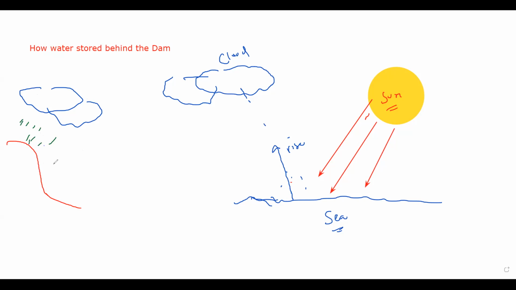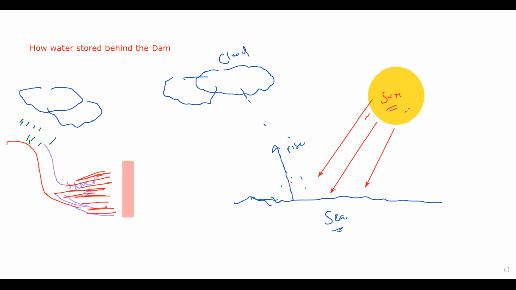And as this water starts to flow, it will form rivers and lakes. And then this water which is flowing, what do we do? We build a wall, which we also call a dam. So we build a wall to store this water behind the dam. So basically, it's a water cycle.